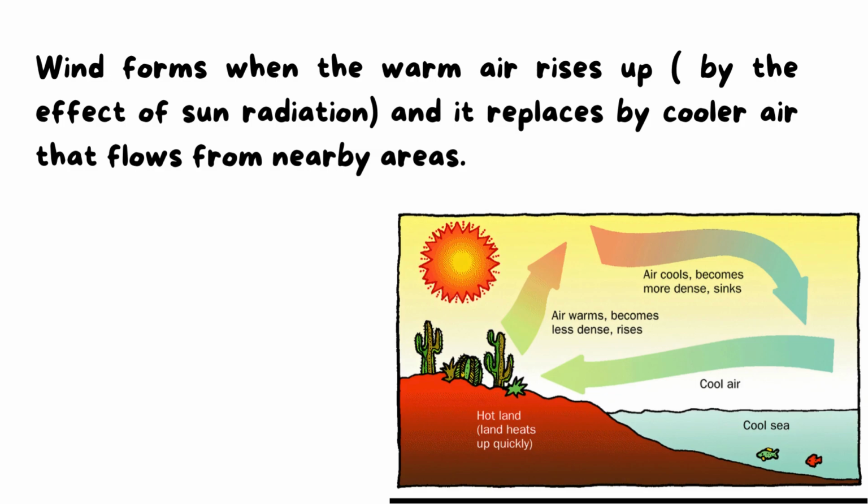Wind forms when warm air rises up by the effect of the sun's radiation, and it is replaced by cooler air that flows from nearby areas. This is the first step.